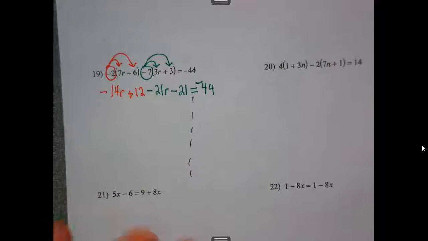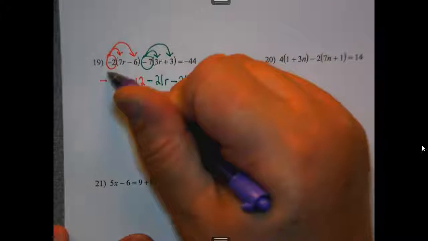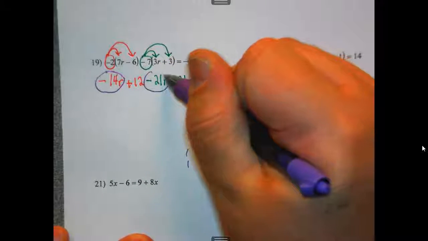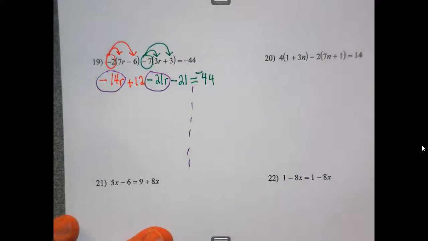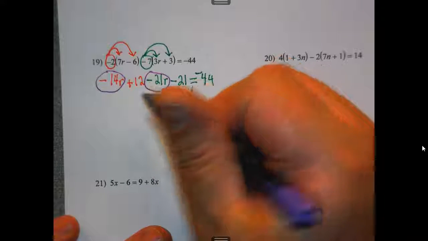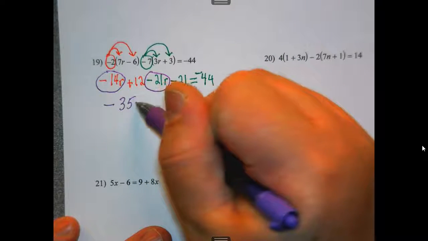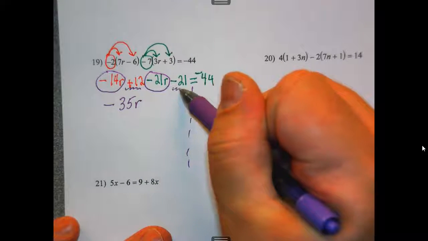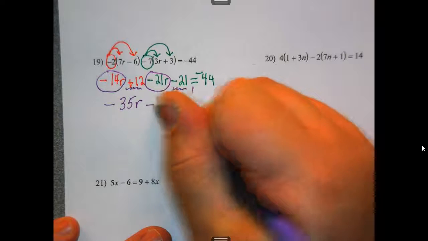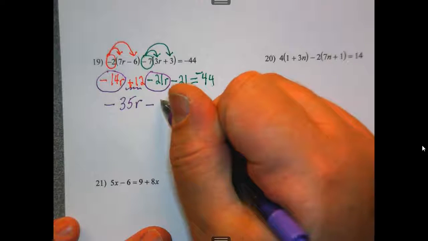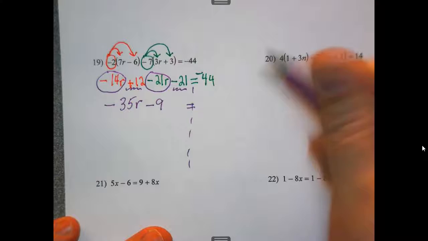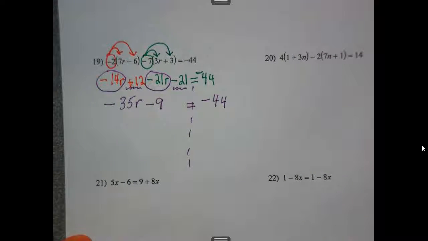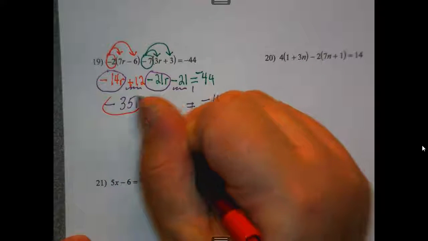Okay, combine like terms on the same side. You have a negative 14r and negative 21r, which gives me a negative 35r. And then 12 minus 21 is negative 9. Okay, get this term by itself.